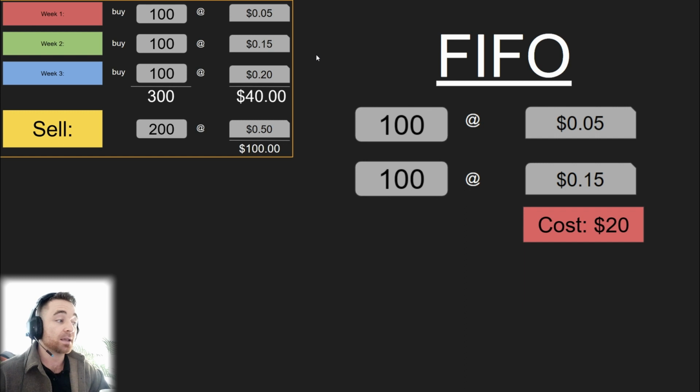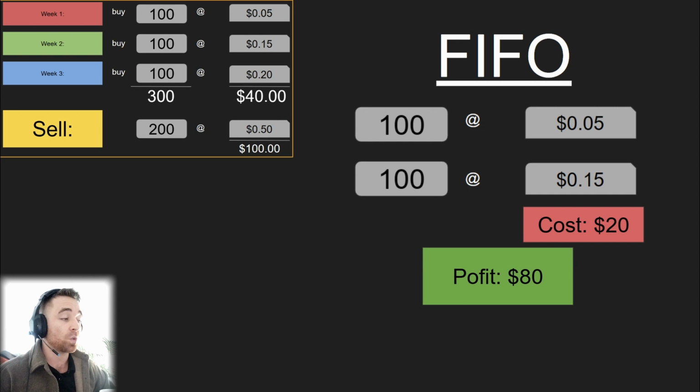And that means, according to this method of calculation, that cost us around $20 to purchase those 200 balls. And our profits were around $80, because we made $100 from selling them. That's our fact. We made $100 because we sold 200 for 50 cents each.